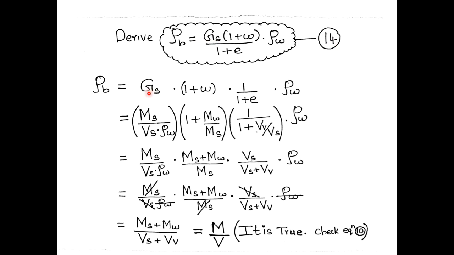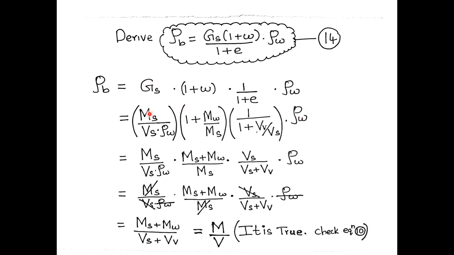This Gs is specific gravity, this is 1 plus W, this is 1 over 1 plus E, and this is rho W. Gs is equal to, check the definition, ms over Vs into rho W. No need to split the rho W because this rho W and this rho W cancel out.